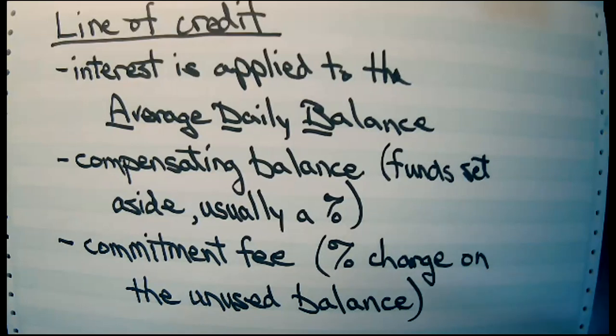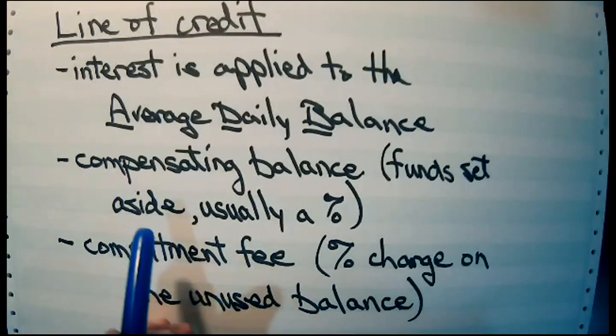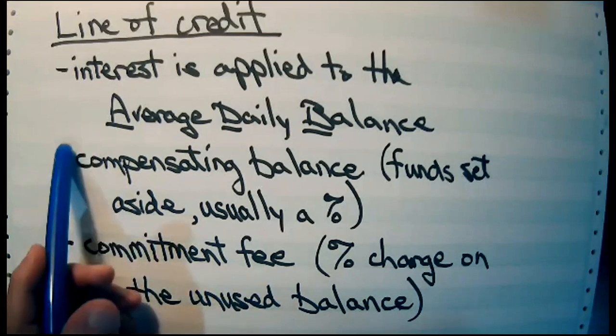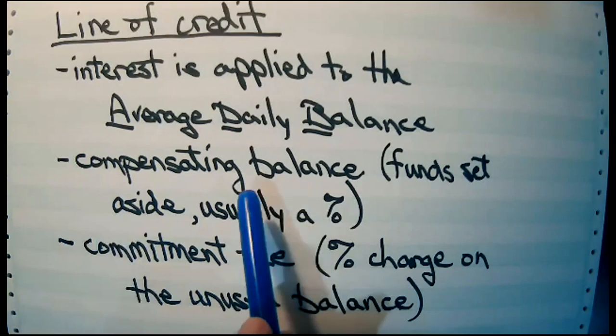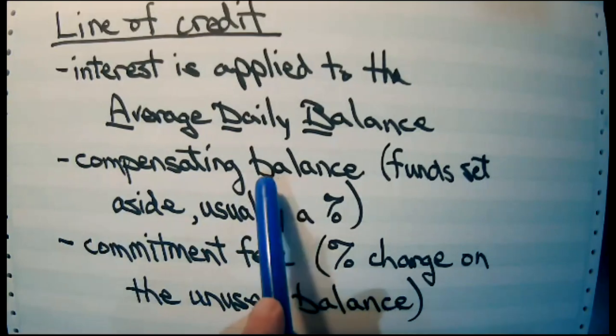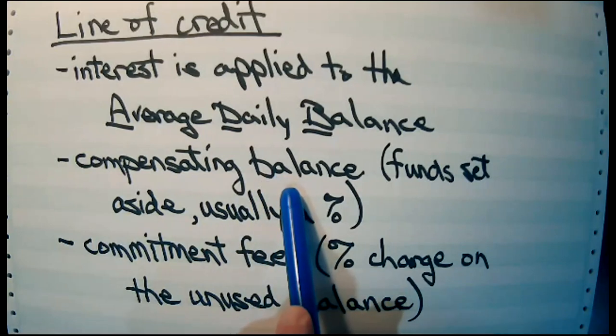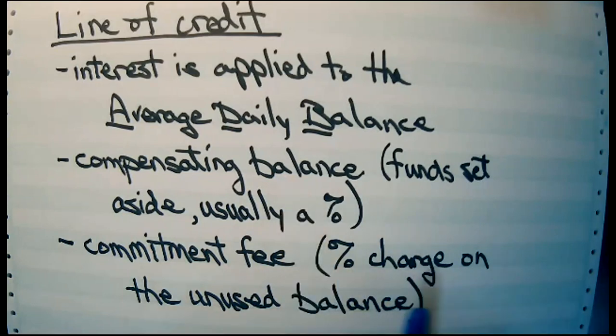It costs them essentially nothing for those funds, because they don't pay you much or anything for them. And it's a way for the bank to protect themselves. If you know anything about the Federal Reserve, it's kind of like that. So you do have to set aside some funds to protect as kind of semi collateral.